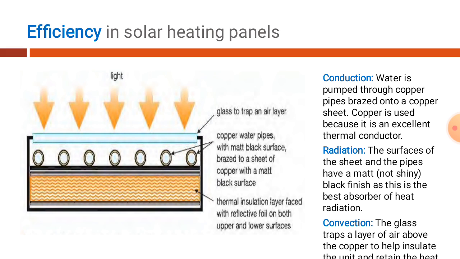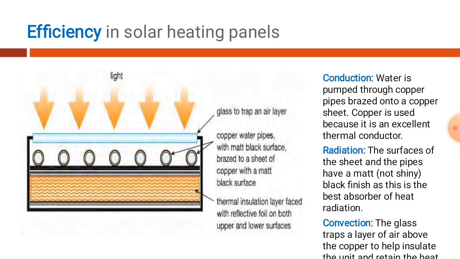It has many layers of many components made up of different materials. Keeping in mind the thermal efficiency, all these parts are manufactured and built so that three things are taken into consideration: conduction, radiation, and convection, to make this an efficient system.